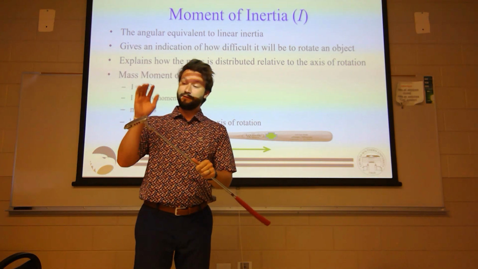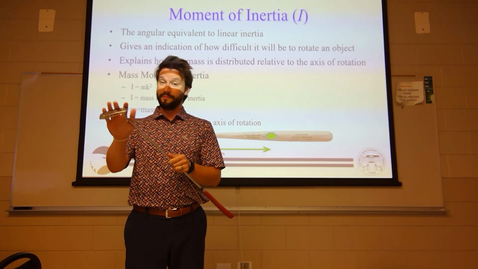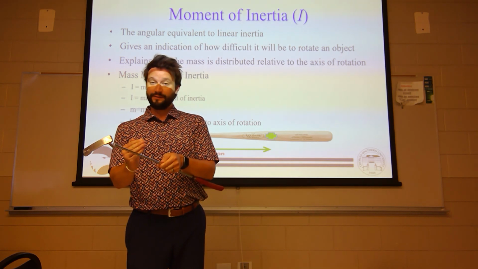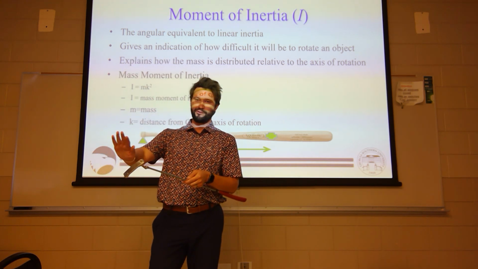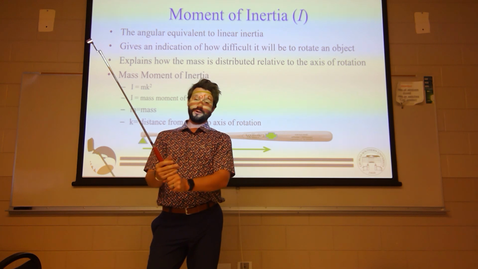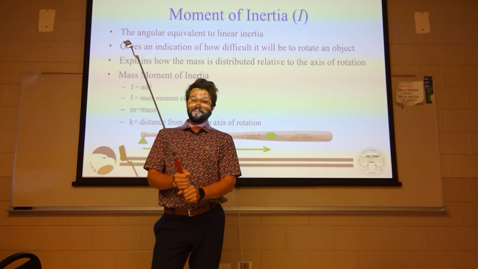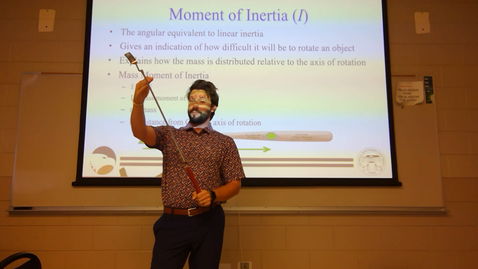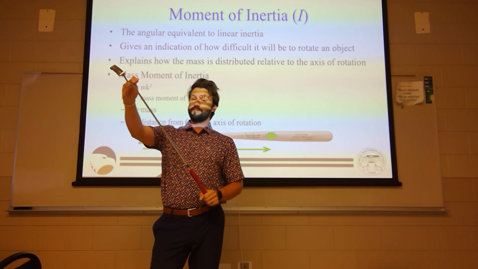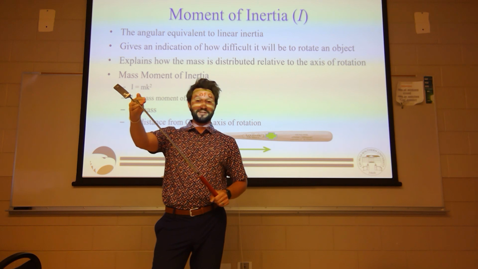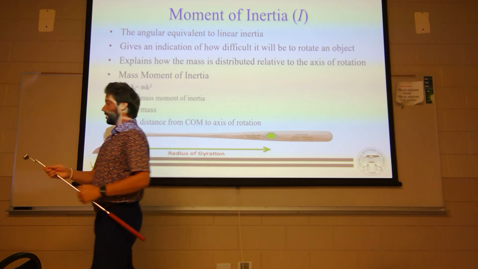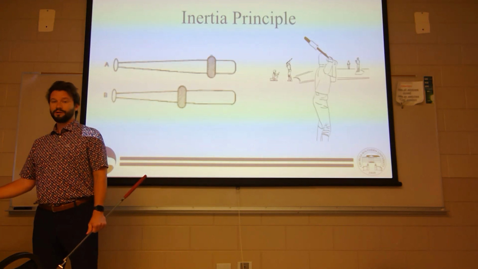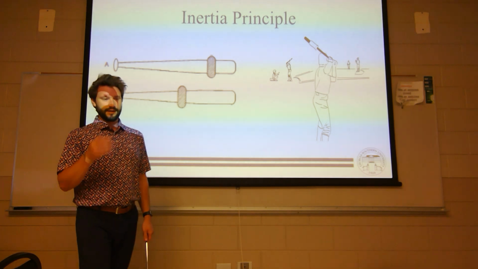Additionally, if you put a big heavy piece of plastic down at the end of the bat, that's going to shift that center of mass closer to the end of the bat. So it's going to push it even further away from you, which means if you're just holding it down here like normal, not only have you now added more mass to the bat, you've shifted that center of mass further away, increasing that radius of gyration. So both factors involved in the moment of inertia have been increased.